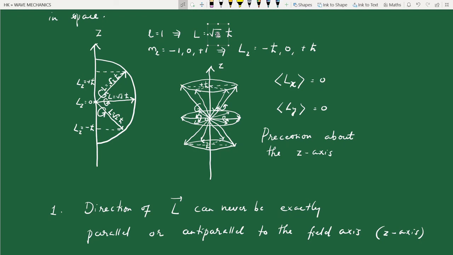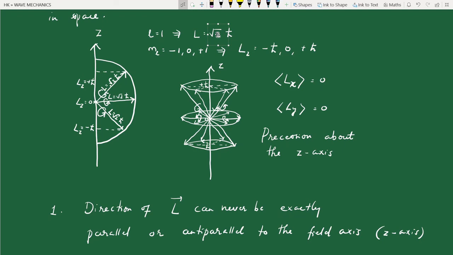So the magnitude of orbital angular momentum is quantized, and one component of orbital angular momentum, Lz, is also quantized. It's just one component; we are choosing that one component as the z component. Two components of angular momentum can never have quantized values.